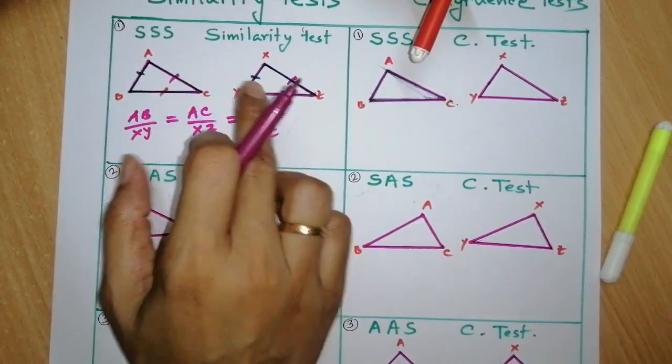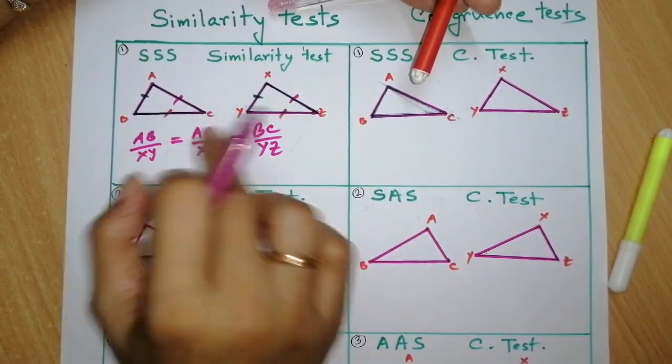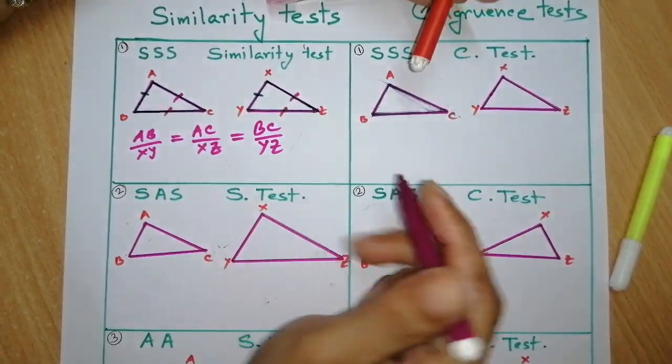The ratios of the corresponding sides should be equal here.